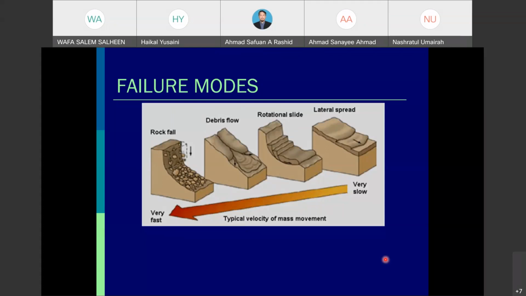Although there were no fatalities, no one was killed or injured, they needed to close the road for more than a month, and the cost to remove this rock mass, including the treatment of that area, was almost 1 billion, around 800 million. It's a very huge amount of money.